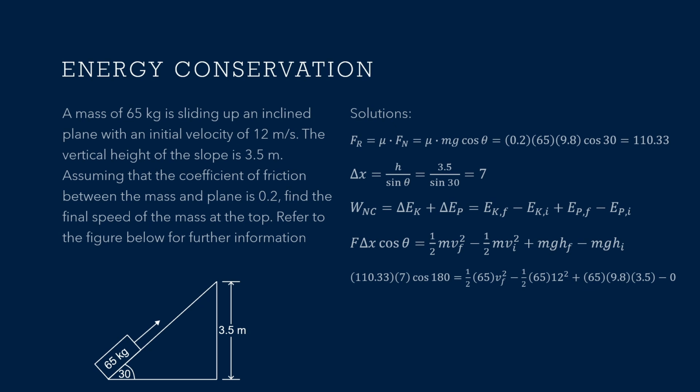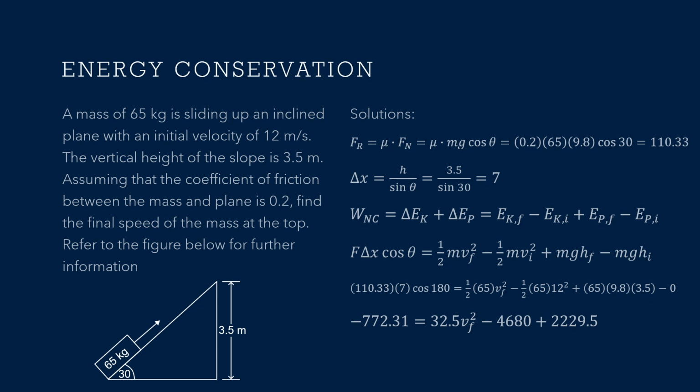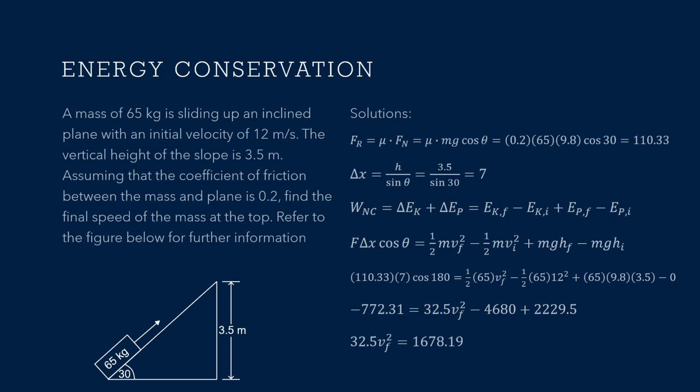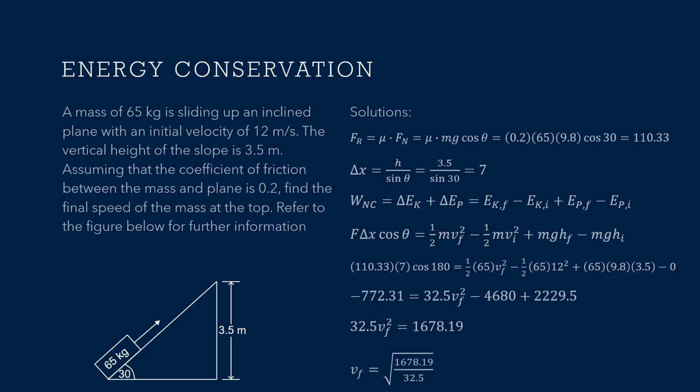Now, simplifying that formula a bit, I get negative 772.31 is equal to 32.5 vf squared minus 4,680 plus 2,229.5, and making vf the subject of the formula, I get 32.5 vf squared is equal to 1,678.19, and hence vf is equal to the square root of 1,678.19 divided by 32.5, which gives me a final velocity of 7.19 meters per second.